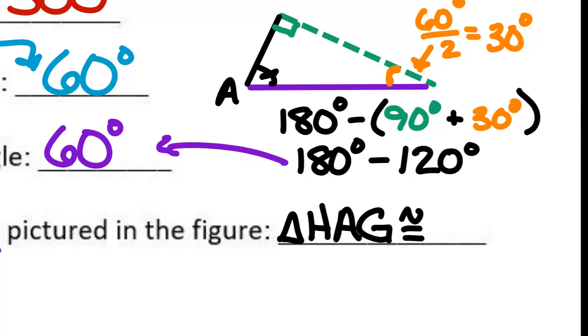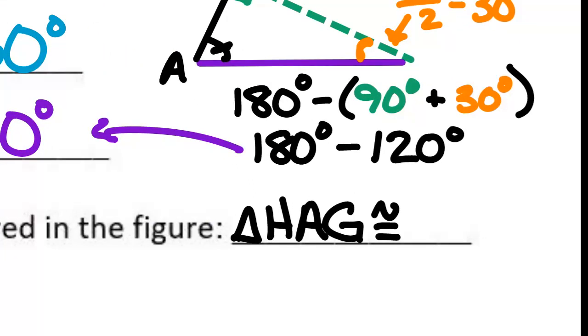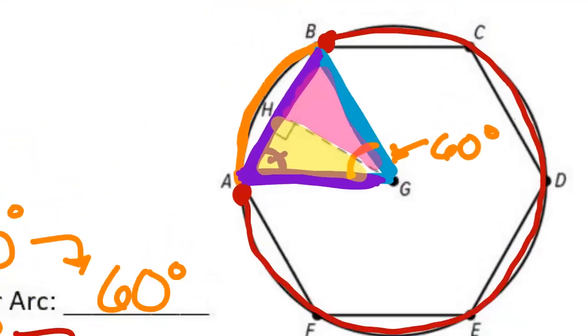I have to be careful how I name the pink one now, though, because I have to make sure to match up the corresponding congruent parts. So angle H in the yellow triangle would be congruent to what in the pink triangle? H would not be the same size as B. H would be the same size as H. Yep. This is a right angle here in my yellow triangle.